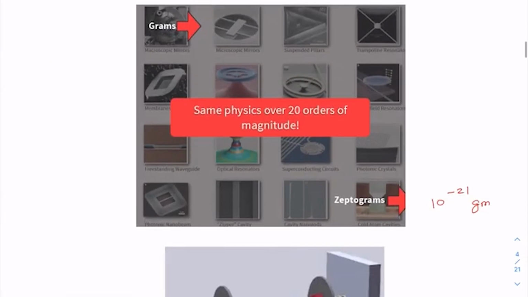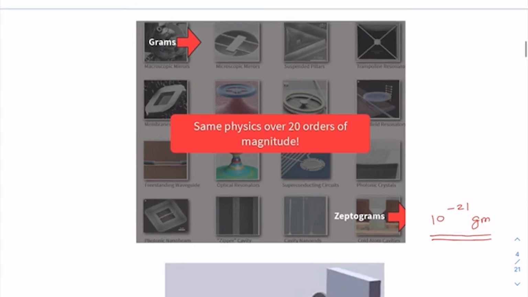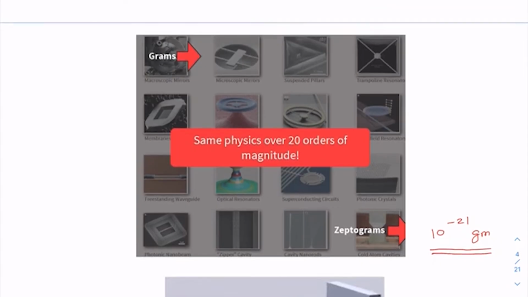And in terms of masses, they can be from 1 gram to very tiny masses, even in the range of zeptogram, that is, 10 to the power minus 21 gram is 1 zeptogram. Interestingly, the same physics over these 20 orders of magnitude is applicable.